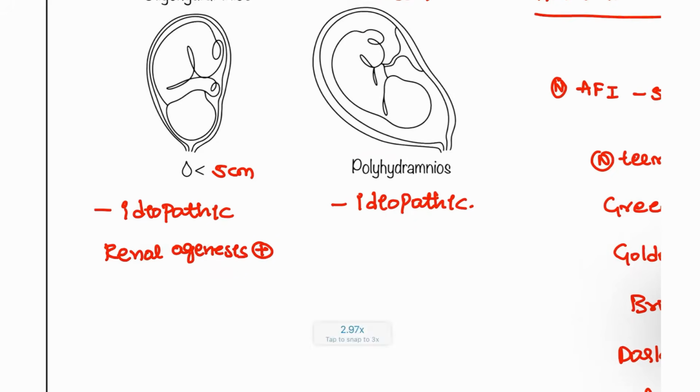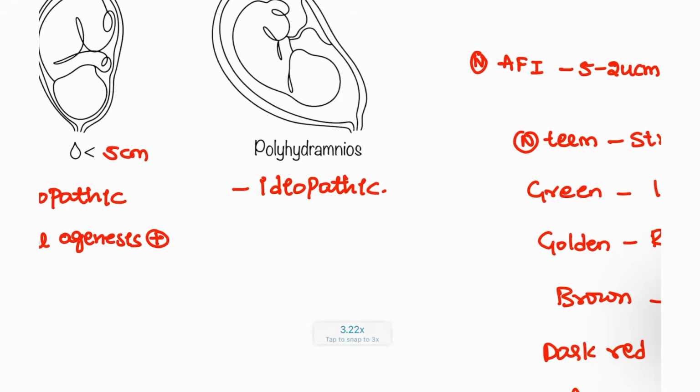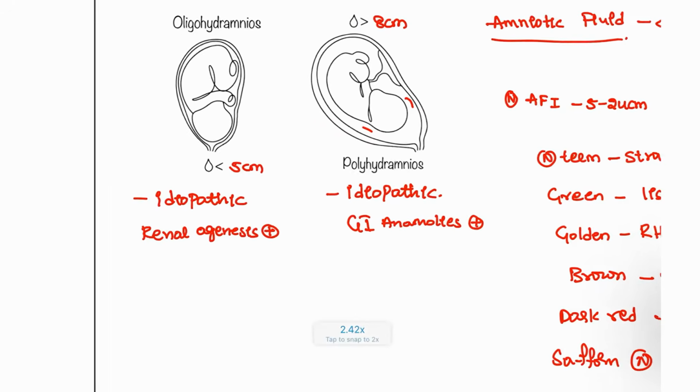Coming to polyhydramnios, the urine is excreted, but the fetus cannot drink, so the fluid accumulates in the uterus. This is likely due to GI anomalies, for example esophageal atresia or duodenal atresia. These are some of the other causes.